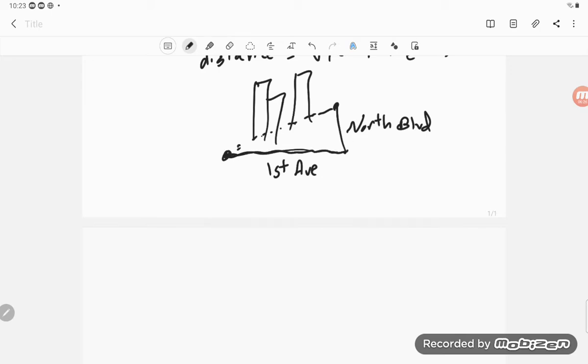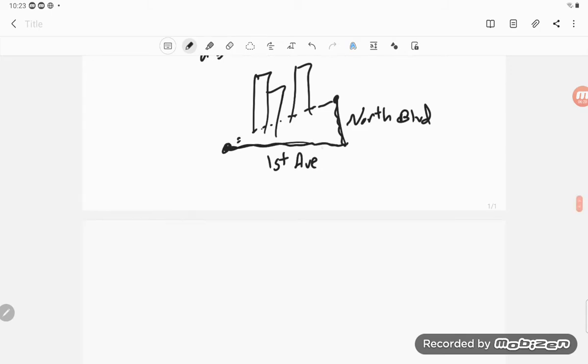I am stuck going on this grid, and so since I'm stuck on a grid, you can call it grid distance, we'll call it grid distance at times, but we'll also call it a taxi cab distance.